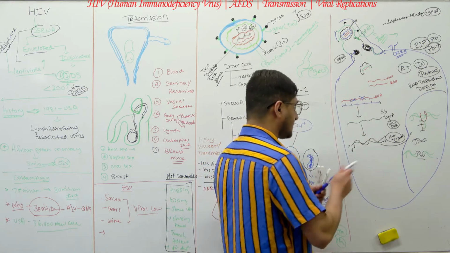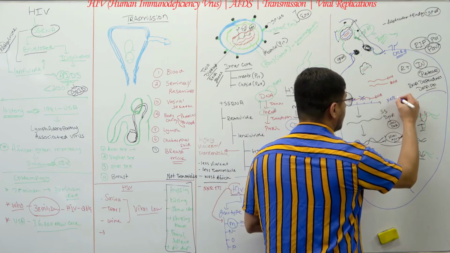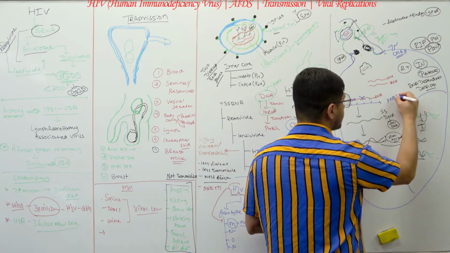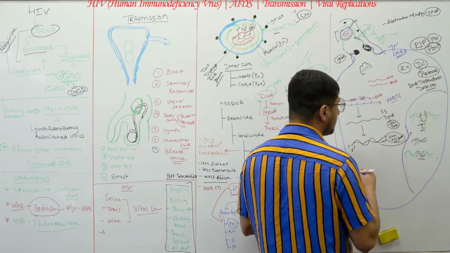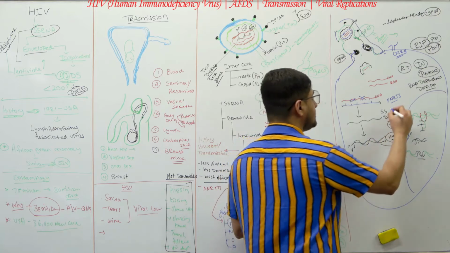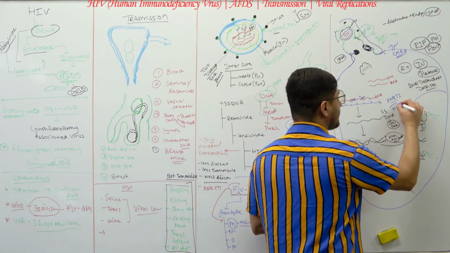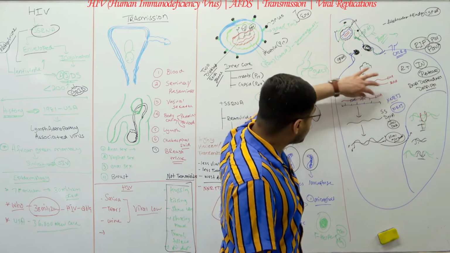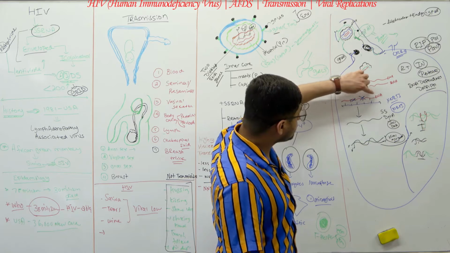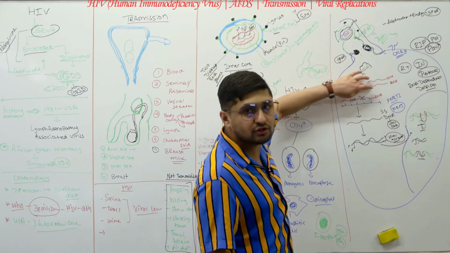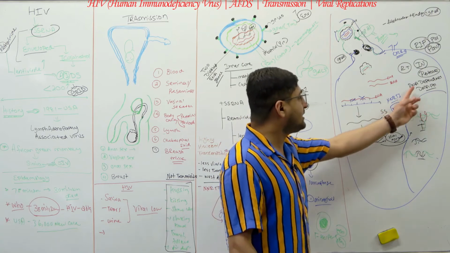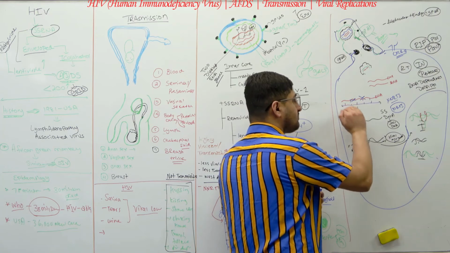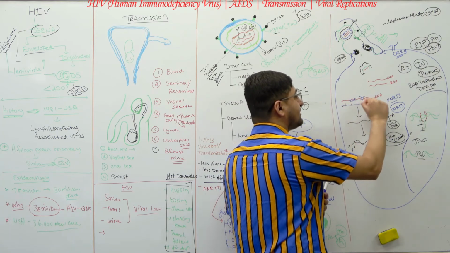We have non-nucleoside reverse transcriptase inhibitors, and we also have nucleoside reverse transcriptase inhibitors. Where do they work? Remember, in order to make a new DNA from RNA, we need a reverse transcriptase, because it is important for adding different nucleotide sequences, right?